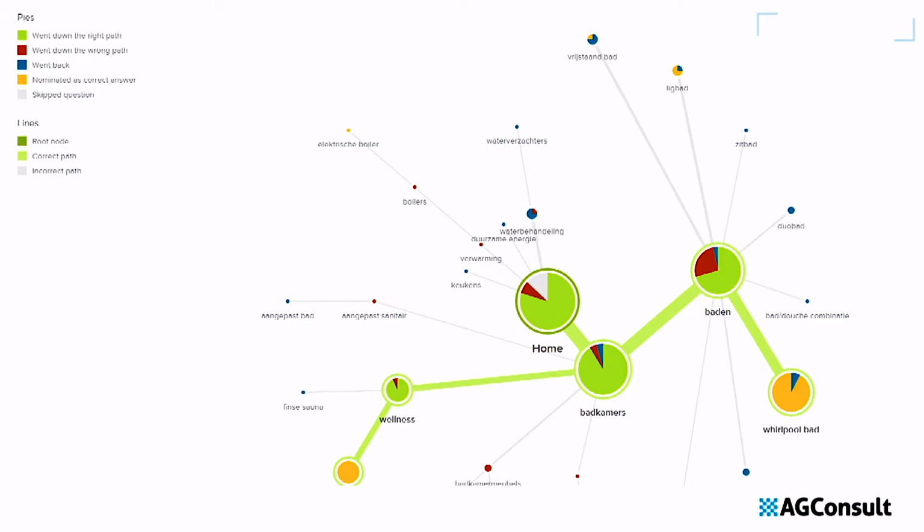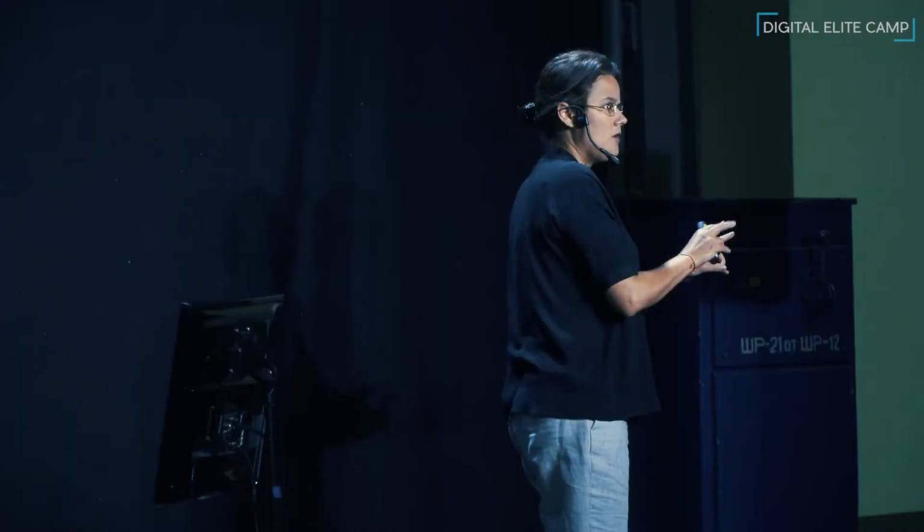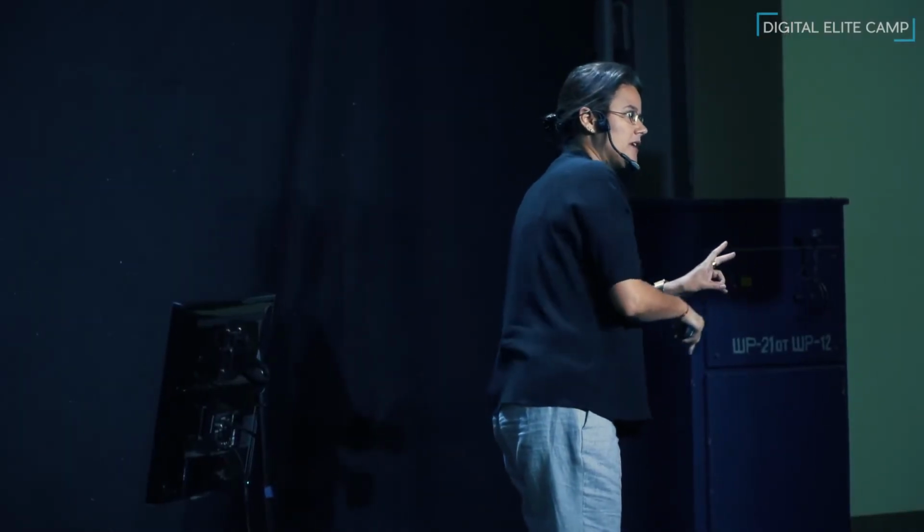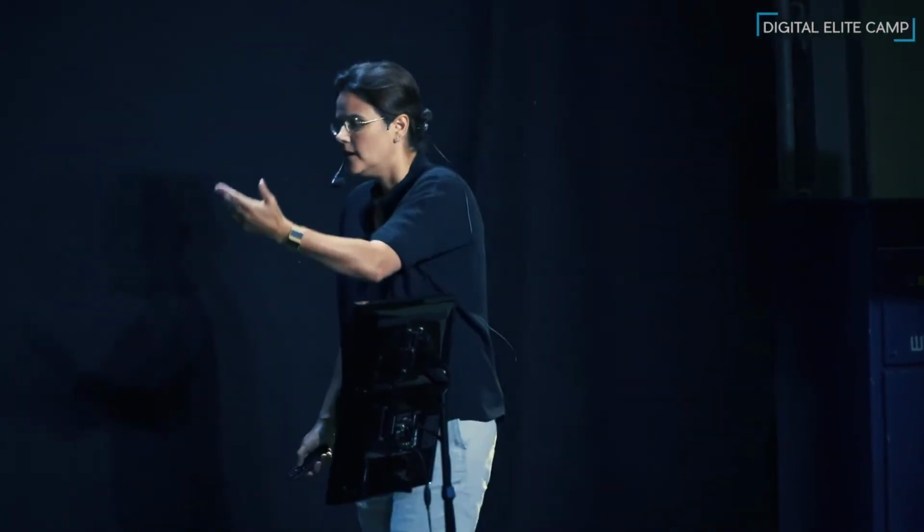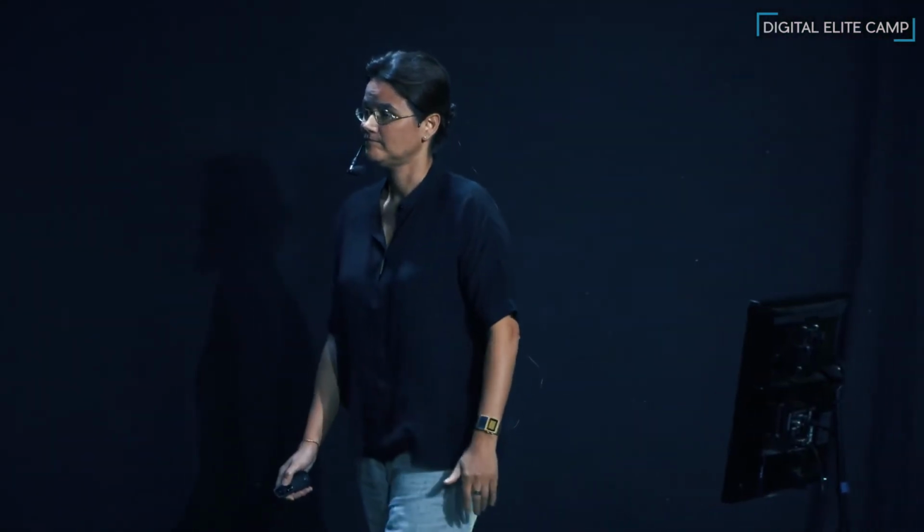If you have a large area of red somewhere, that means people didn't find it where you put it, but they did all look for it in the same wrong spot. Then that's where you should put it as well, or at least you should put an extra link to it there. So it helps you improve your structure.